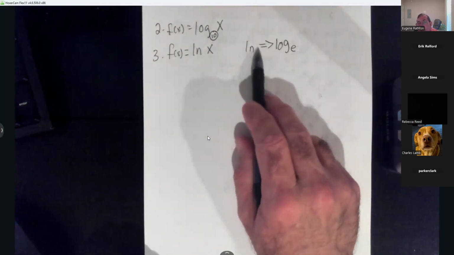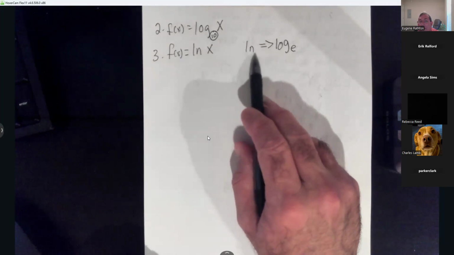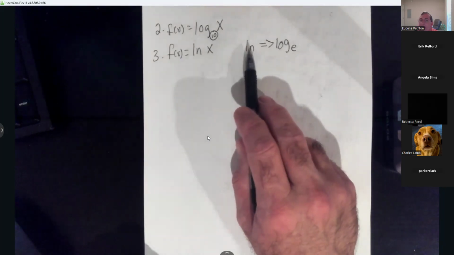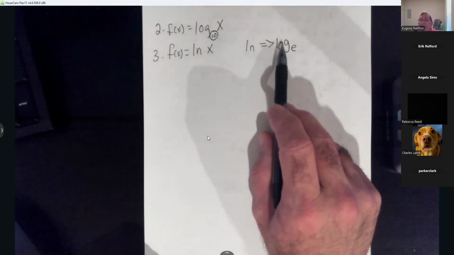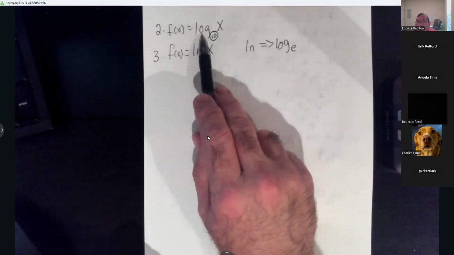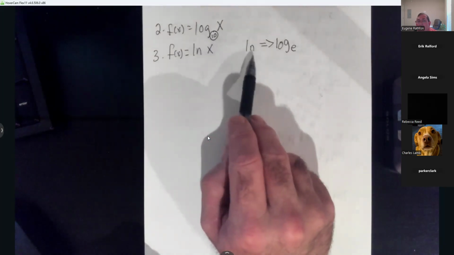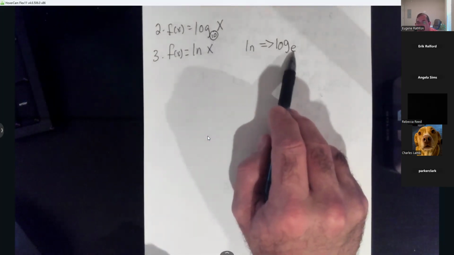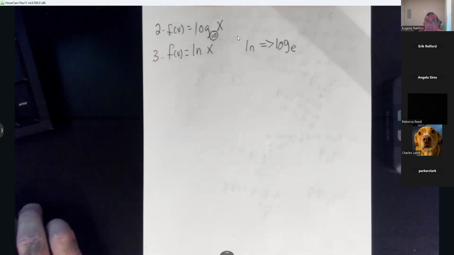So this is called the natural log. And that's an ln, not an I. It is actually a log base e. So log by itself is a log base 10. ln is a log base e. And y'all, you got an ln button on front of this calculator.